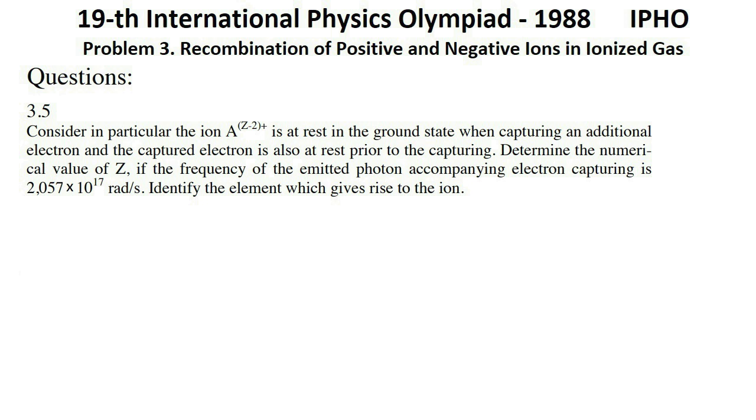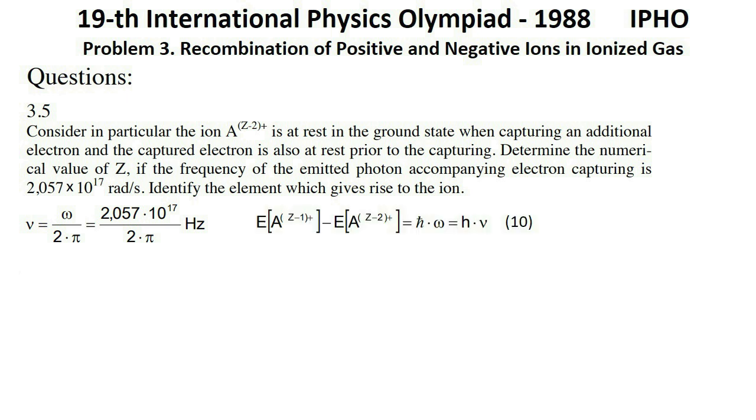Solution to question 5. The ion AZ-1 is at rest when it captures the second electron, also at rest before capturing. From the information provided in the problem, the frequency of the photon emitted is given by this expression. The energy equation can be simplified to expression 10. Using previous results we will get expression 11.